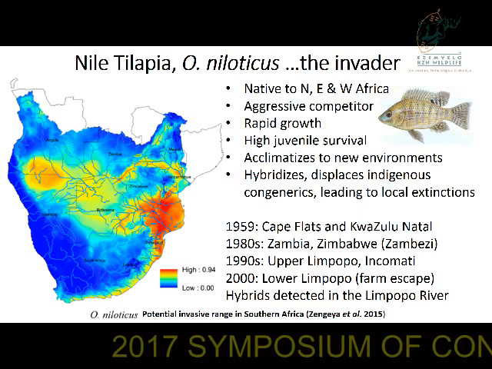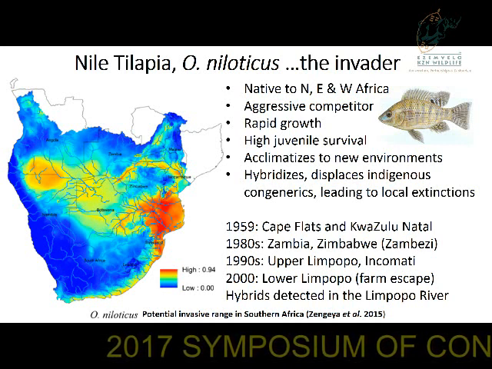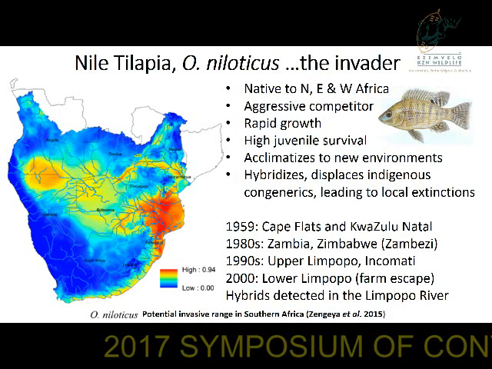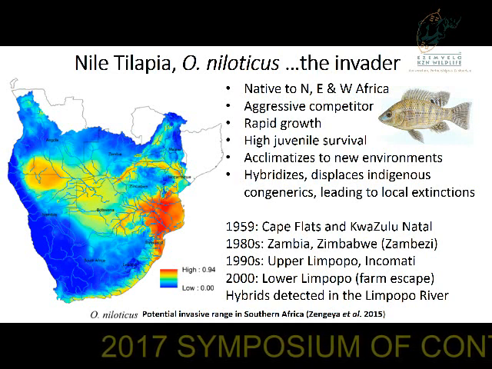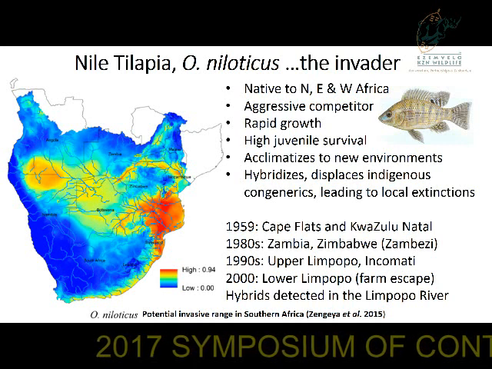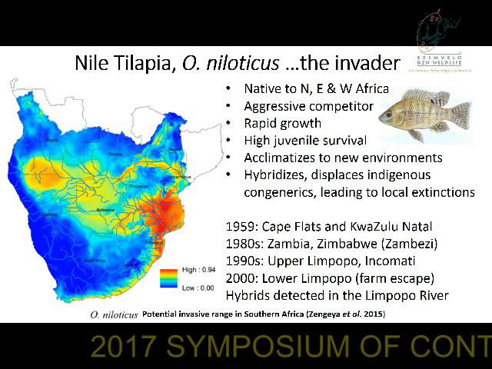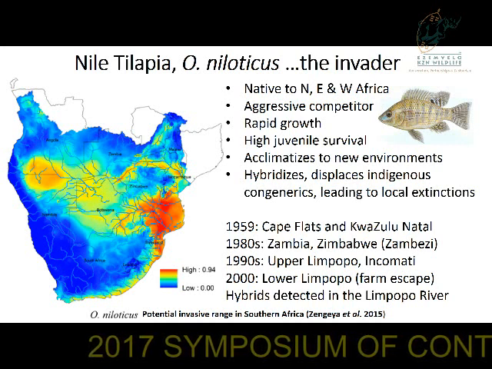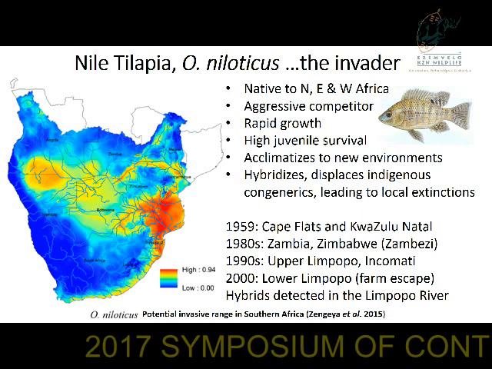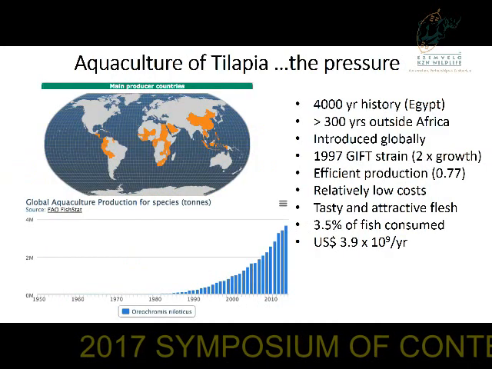But it became more serious in the 1990s when they were discovered in the Upper Limpopo, actually in a key hole farm that's in Mapungubwe National Park. And then later in the Lower Limpopo, this is in Mozambique, near the junction with the Olifants River, where there are fish farms, and hybrids are being detected in the Limpopo.